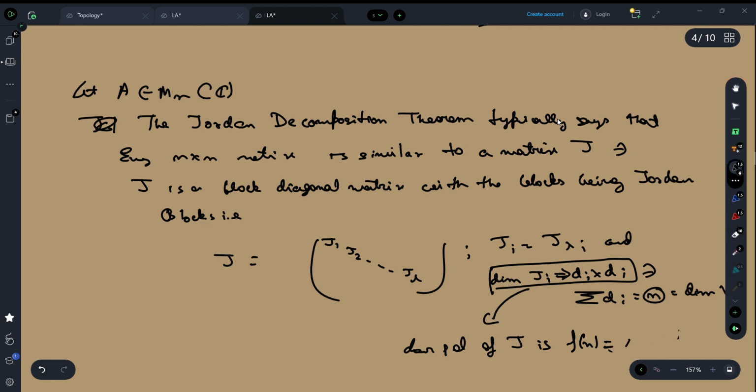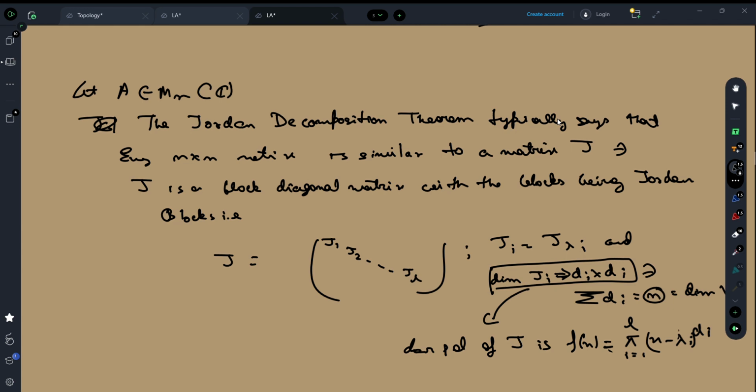So typically speaking, if you have an eigenvalue which has algebraic multiplicity di, then the Jordan block associated with that eigenvalue is of dimension di. Clear? Okay.